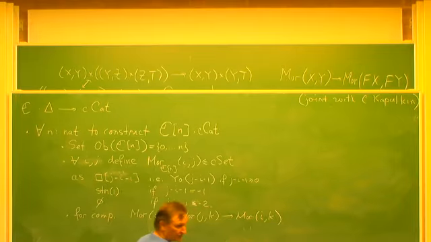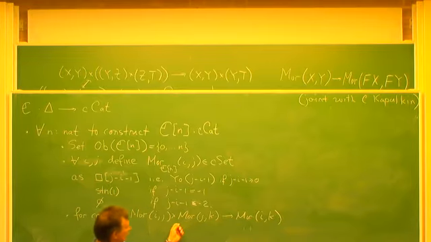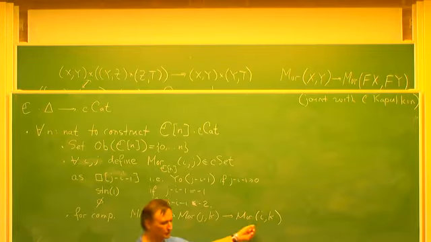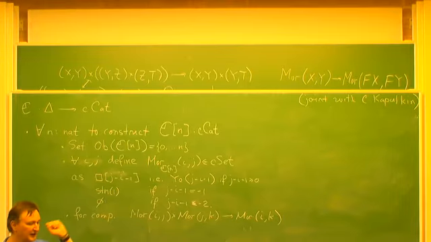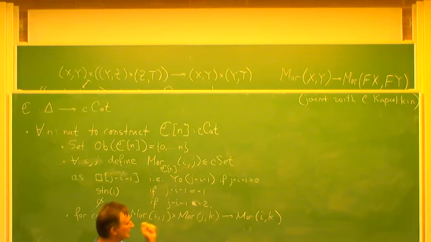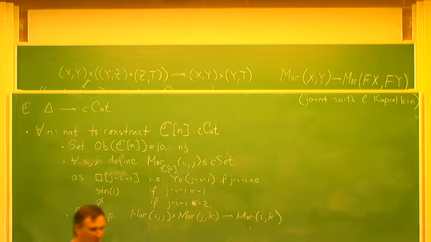And this is again a cube. So I need to construct a morphism from one cube to another cube. And because the Yoneda functor is a full embedding, it's the same as constructing morphisms from one cube to another cube in the cube category.